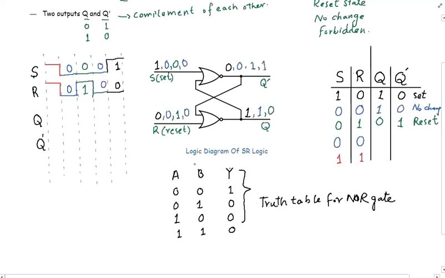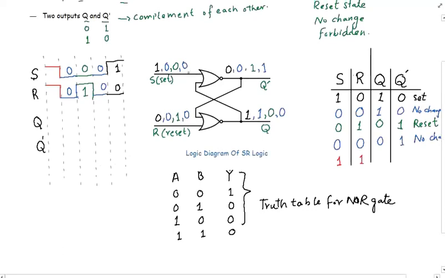So 0 and 0 results in 1, and then 1 and 0 results in 0. So here we have 0 and 1 as the output. So this is the condition of no change.